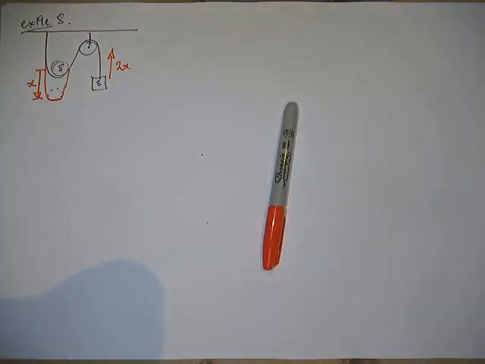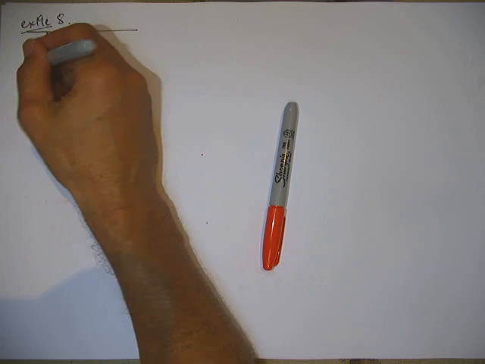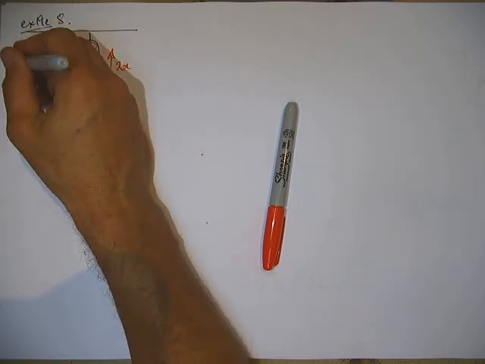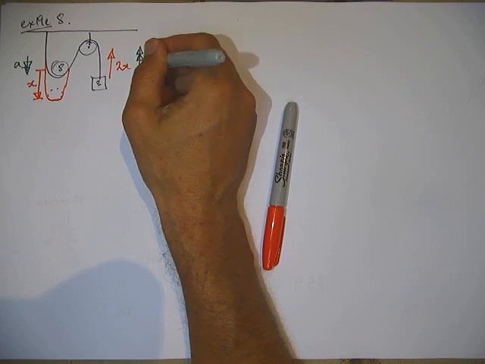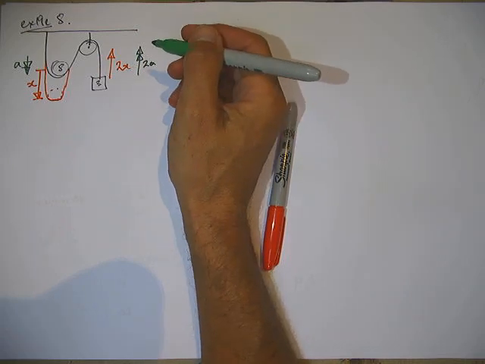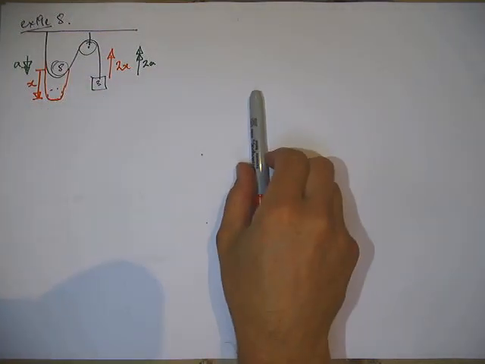That means if this one is falling with an acceleration of a, this one is rising with an acceleration of 2a. Now this is to do with the mechanical advantage we can get by using pulleys. So that's the starting point.